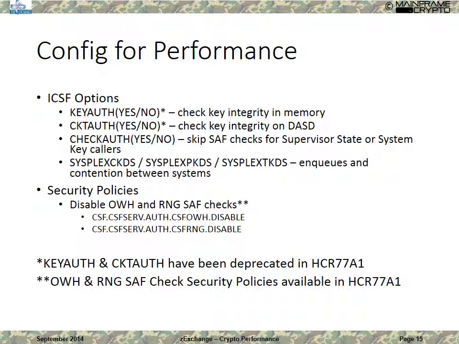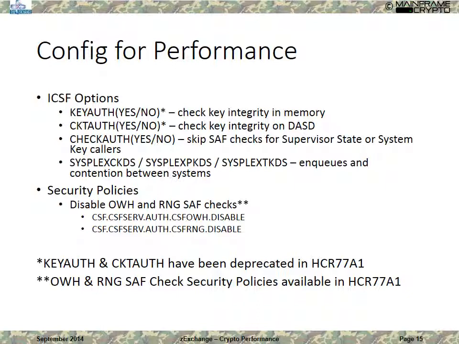There is no way to restrict access to a specific assembler instruction. So anyone can perform a one-way hash by invoking the KIMD or the KLMD instruction and performing the hash. There was still the SAF check for the API, though. So if somebody was calling ICSF and telling it to use the instructions to perform the hash, there was still that SAF check going on.